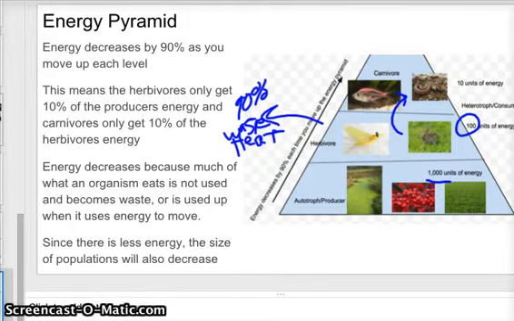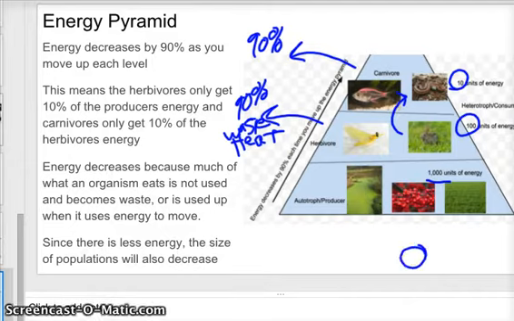Carnivores have to eat and move around, so they use a lot of energy and lose a lot as heat, and they don't actually digest the whole product, so they lose a lot as waste. Only 10% is kept, so again you take away a zero, and they would only get 10 units of energy from the original plants. Remember, all energy originally comes from the sun.